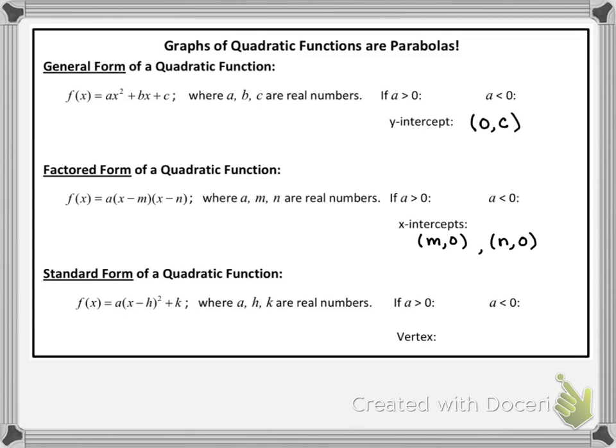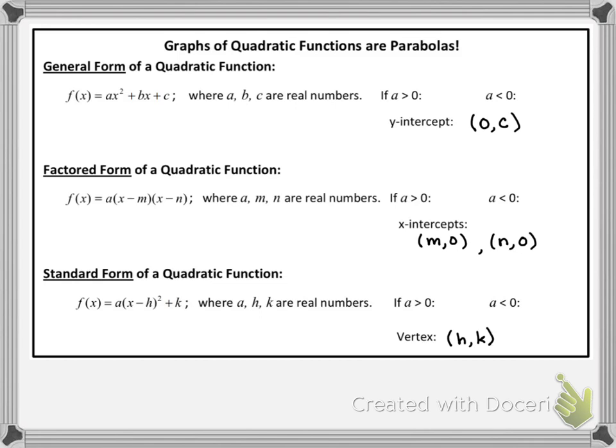And then standard form gives us our vertex. So same deal, if you're given your vertex and you want to write a quadratic function, the first thing you should think is, oh, I need standard form, because then you know your h and you know your k already, and you just have to find your a. So my vertex is h, k.